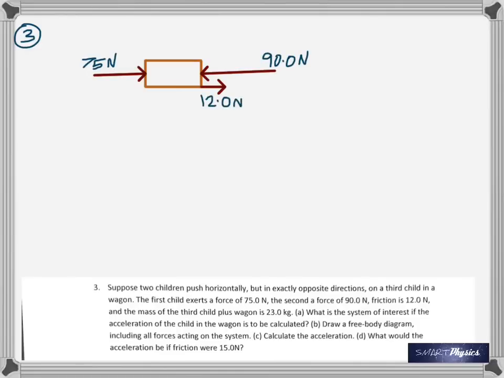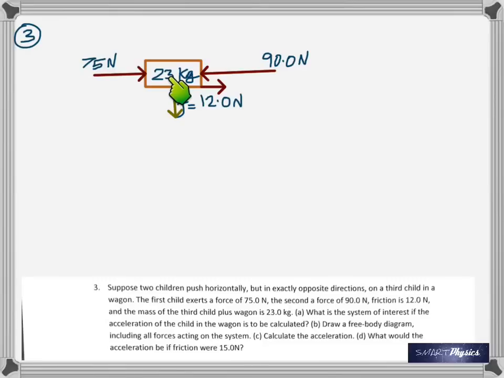You have all the three forces now shown, and let me bring that mass up. So that's very clear. 75 newtons applied by the first child, 90 by the second. Mass of the third child is 23 kilograms. In fact, that's the total mass, isn't it?